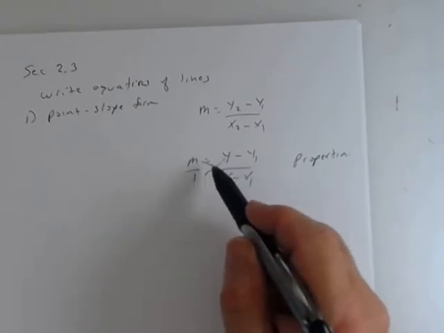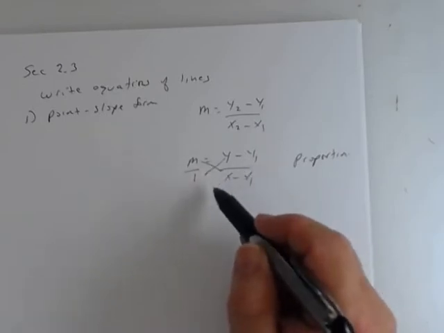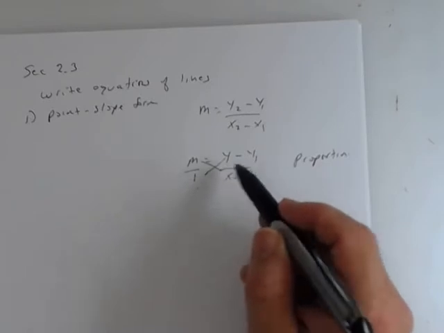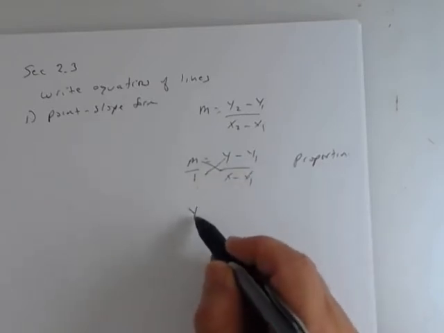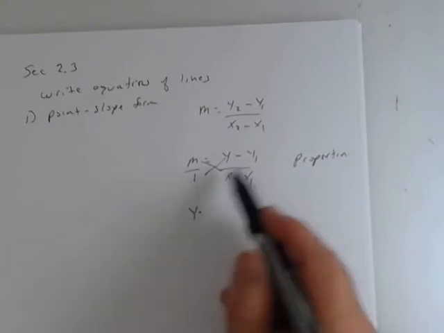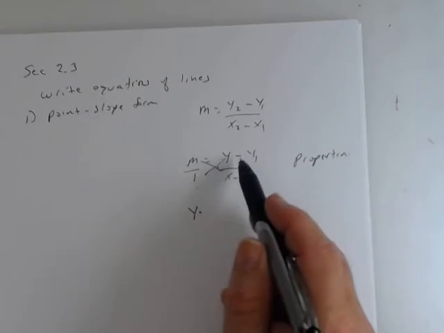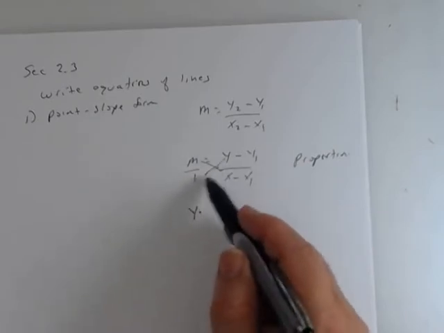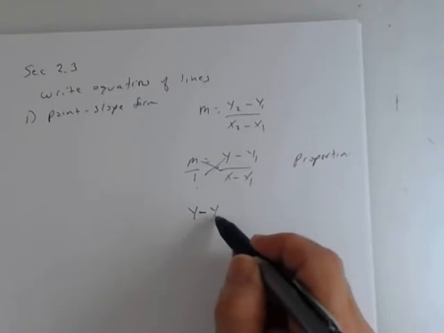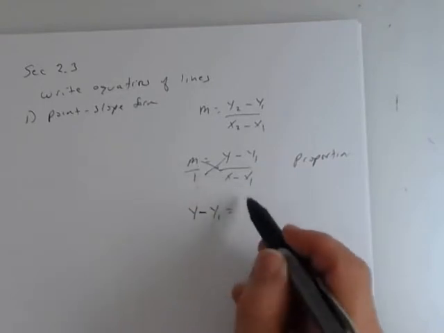Now look at this, cross multiply, and when I cross multiply, what's 1 times this numerator? Y minus y1 equals the slope times the denominator.